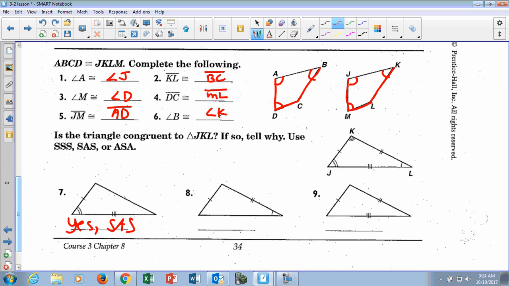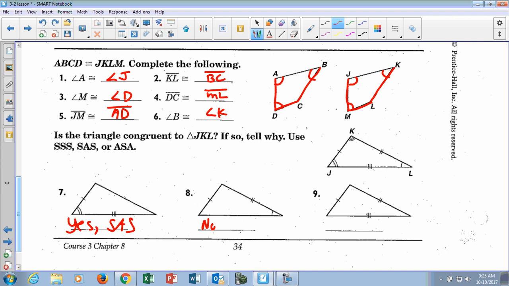All right, what about number 8? I'll give you a hint.